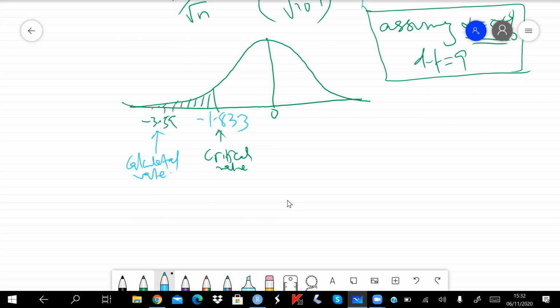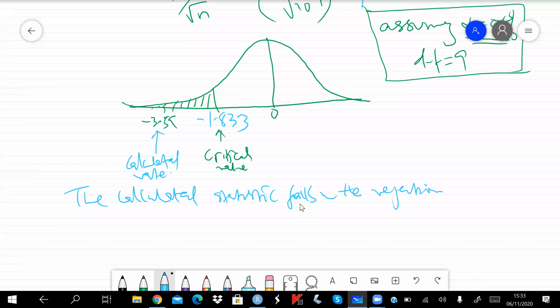We say that the calculated statistic falls in the rejection region.